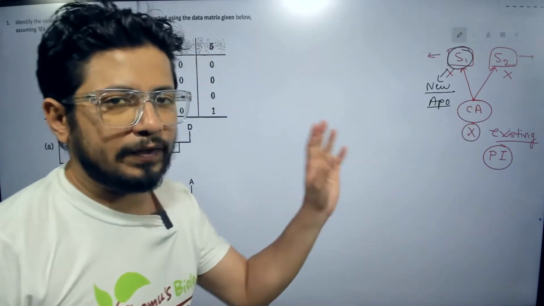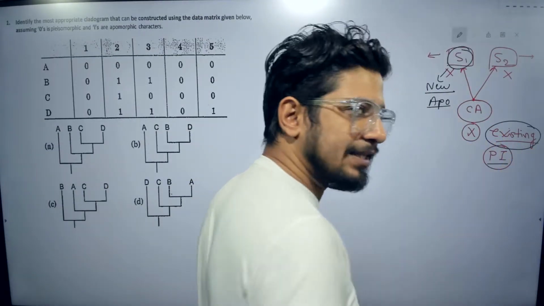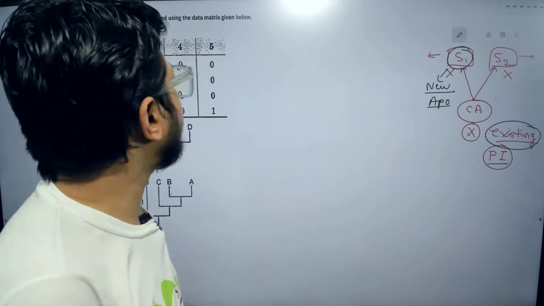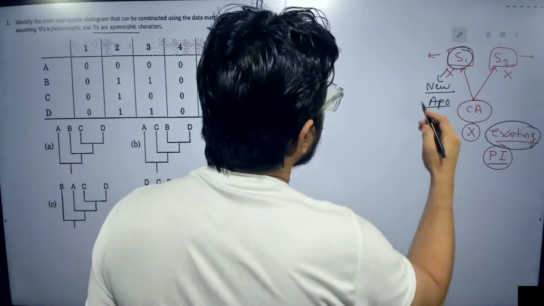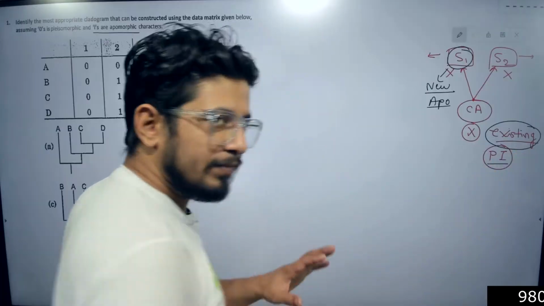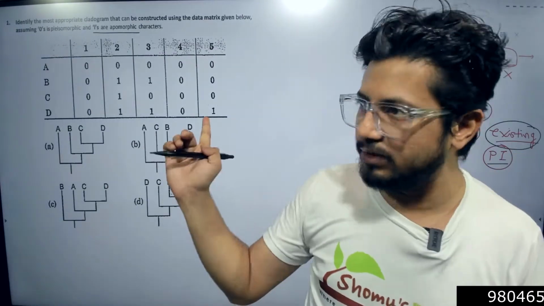So these are the two different characters: plesiomorphic character, which is the existing one, in this case the X, and the new character which is achieved is known as apomorphic, or derived character. So derived character is apomorphic and existing character is plesiomorphic. Clear? This is the only information that you need to understand in order to answer this question.